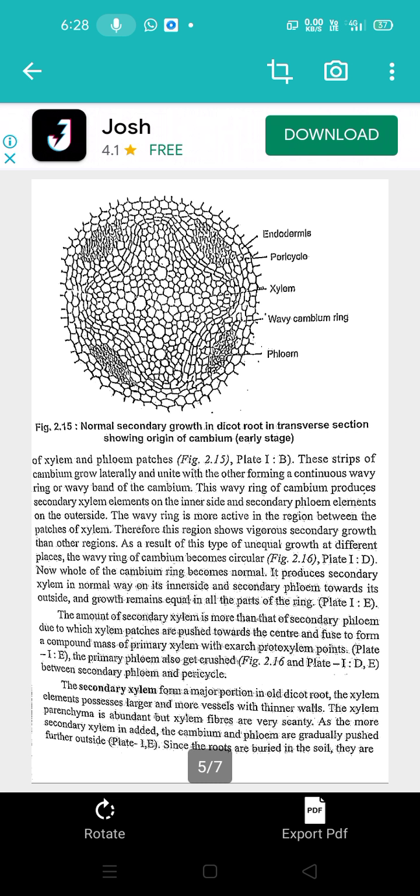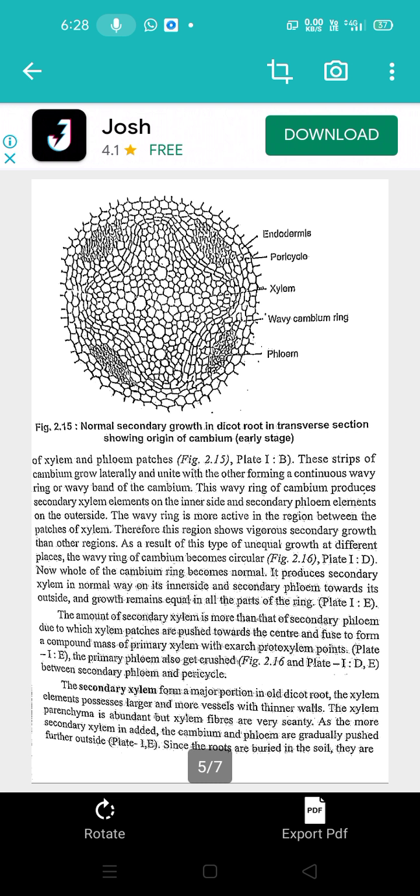In this way, the amount of secondary xylem is always more than the secondary phloem, due to which the xylem is pushed towards the center and then fused to form the compound mass of primary xylem with exarch protoxylem points. And ultimately, the secondary xylem forms the major portion of the old dicot root.